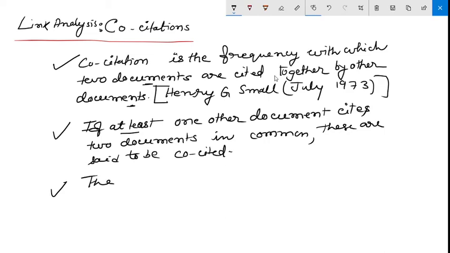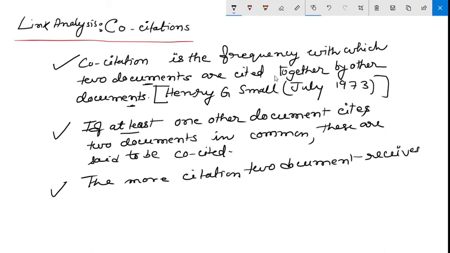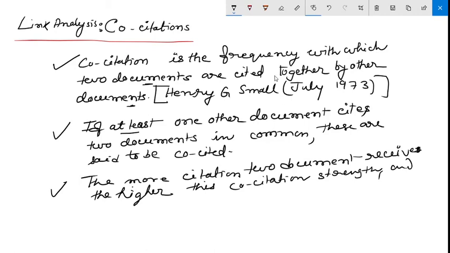You can write, the more citations two documents receive, the higher this co-citation strength and more likely they are semantically related.